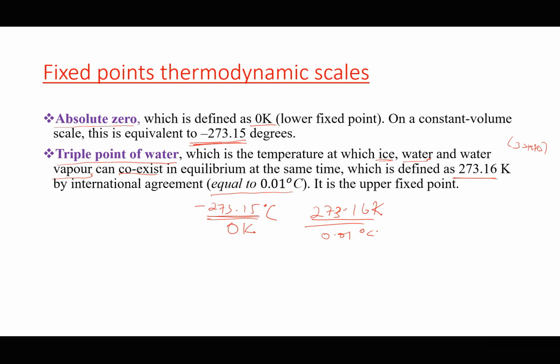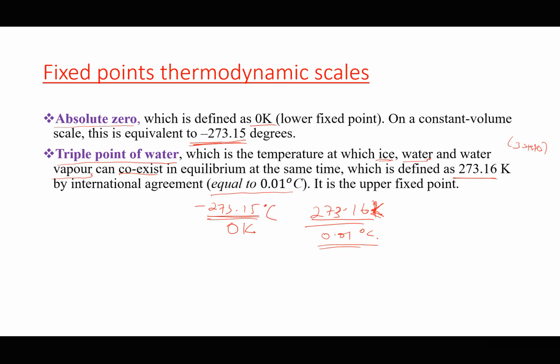So the absolute zero of an ideal gas, for example on the constant volume gas thermometer, we saw was negative 273.15 degrees. But the triple point of water is given by 273.16 according to international agreements. If I change it to degrees Celsius, it is 0.01 degrees Celsius. We shall see how to convert this later on.